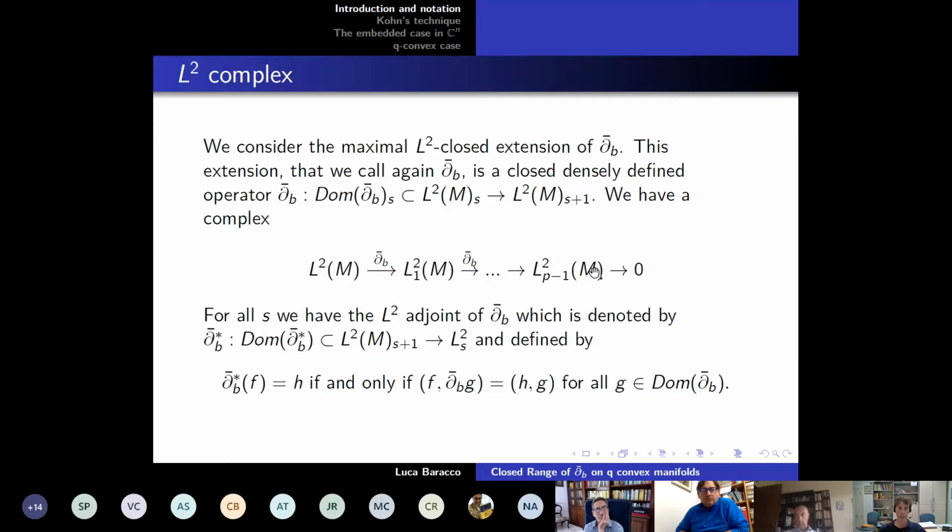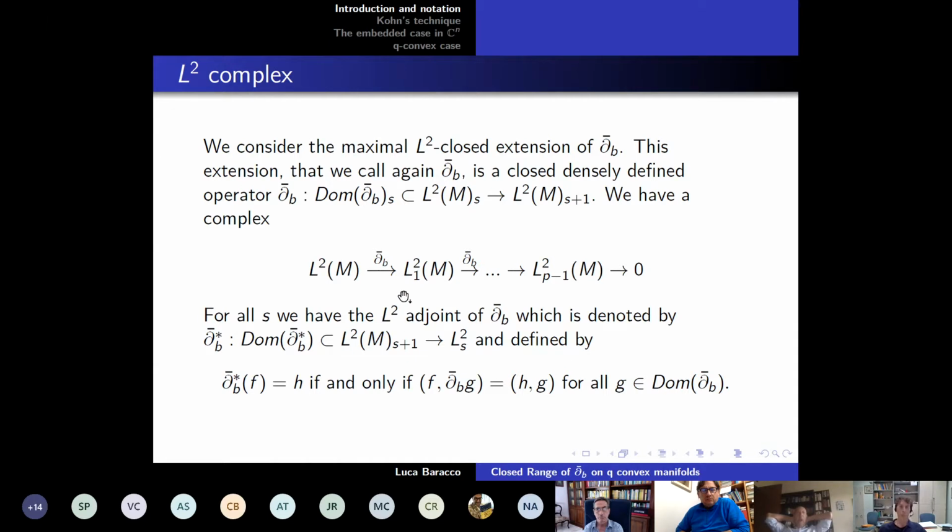And again, we have a complex. Also, we will need to consider the L2 adjoint of the d bar B, which is just the usual adjoint in the Hilbert space sense and is defined by this relation.